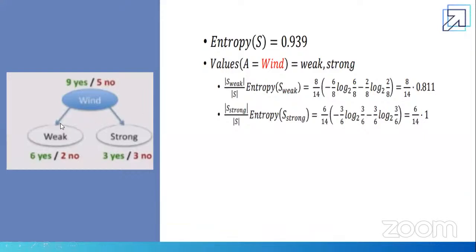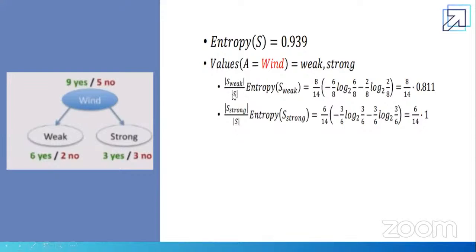Here we have two categories, weak and strong. So our sample is S and A is the attribute wind here because we are splitting on wind. Firstly, we will calculate the entropy for weak and strong.